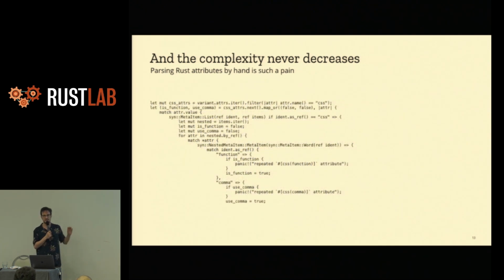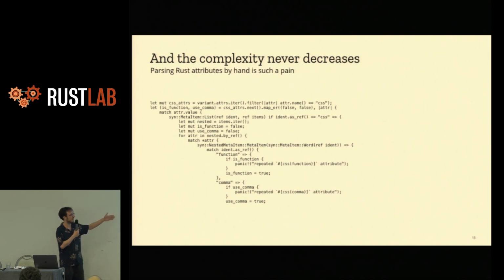And parsing Rust attributes, not CSS, sorry, is really painful. Like you have to traverse the list of attributes, find the one with the right name, check its contents, check that there are no dupes, check that the name that you have isn't actually relevant to the attribute, etc., etc. And it gets verbose very, very fast.